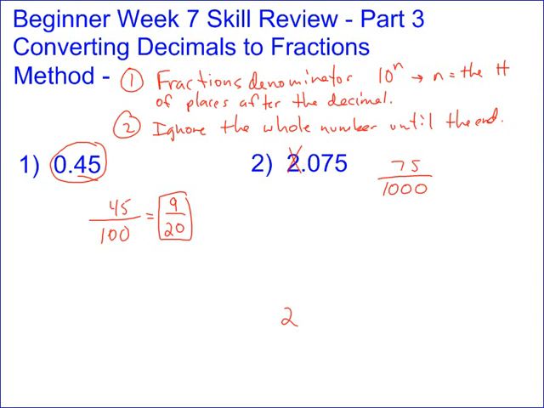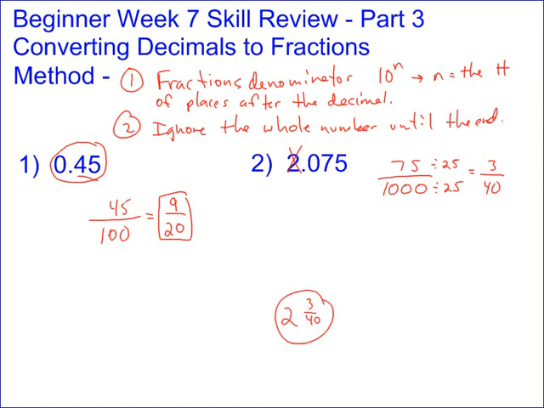Now when I simplify this, you hopefully will notice that 25 goes into 75. 25 will always go into 10 with at least 2 zeros. And so in this case, 75 divided by 25 equals 3. 100 divided by 25 is 40. Now 3/40 is simplified. Nothing goes into both those, so your answer is 2 and 3/40.